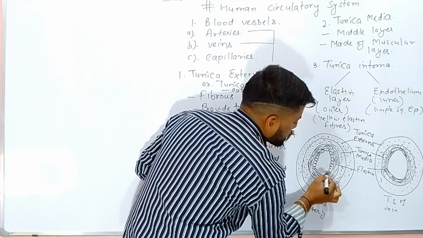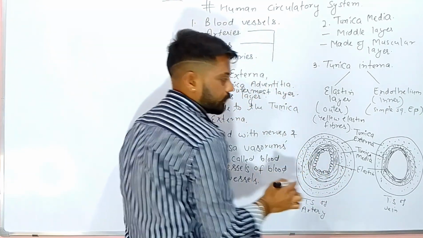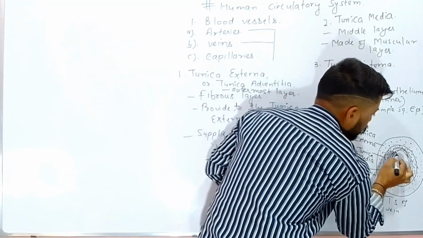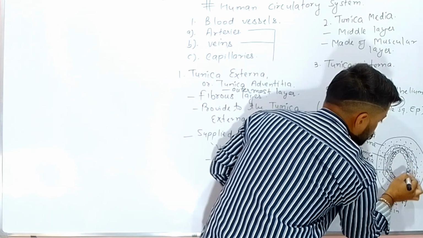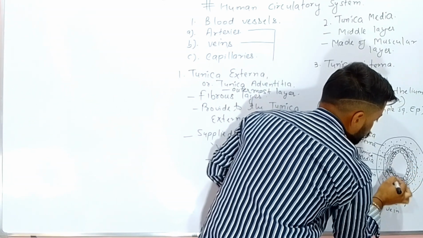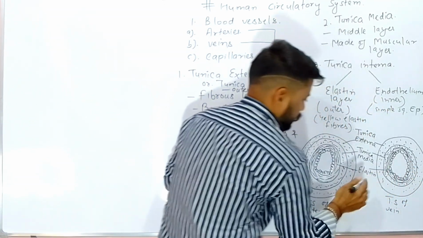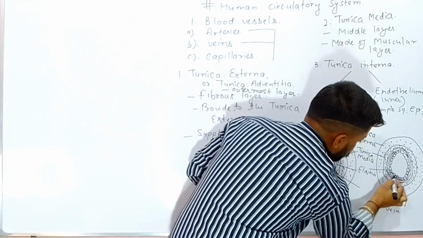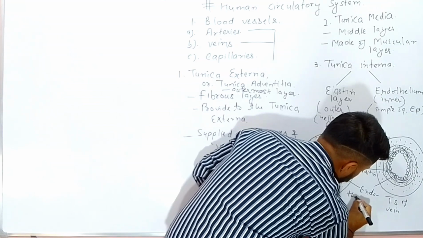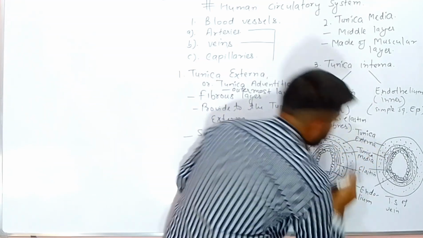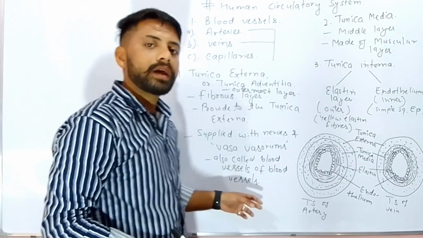It is made up of the simple squamous epithelium, as we have earlier said, and here also is the endothelium, which is the innermost layer. So this layer is the endothelium. It is made up of simple squamous epithelial cells.